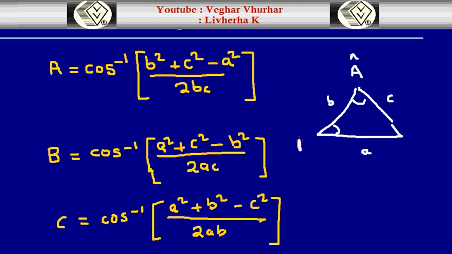So this would be c, this would be b, because they have to be opposite to each other. C opposite is this one, a opposite is this one. So when we're looking for an angle, you have to have all the sides.